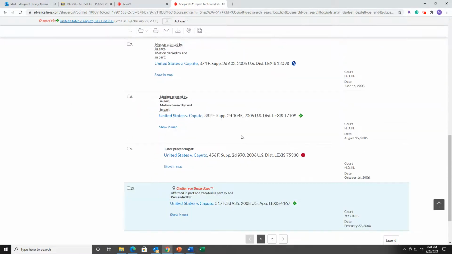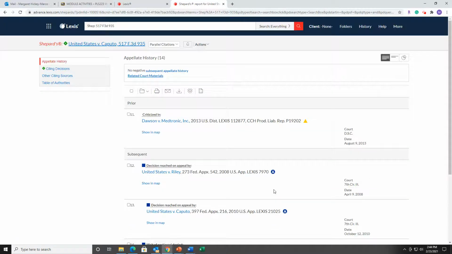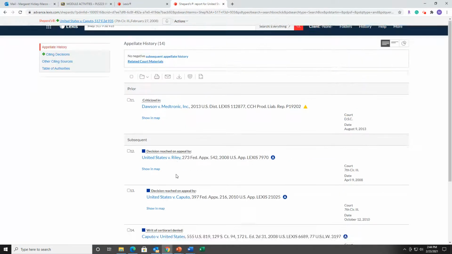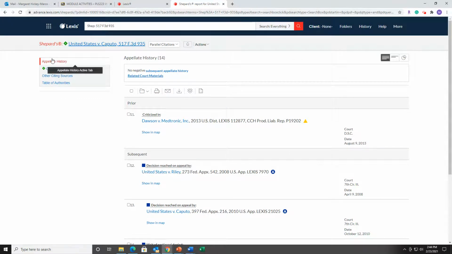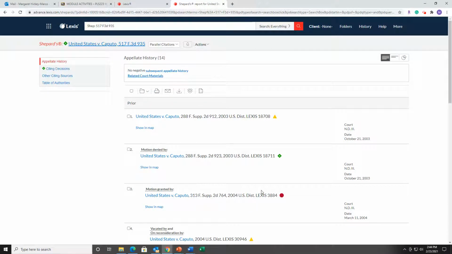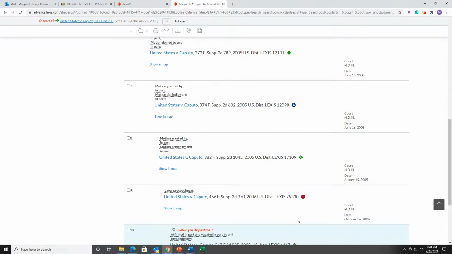A bunch of lower court decisions, and there's the one I Shepardized. And look, there's even another page. And these are subsequent ones, so things that happen. So cert was denied, so that is really our final decision. So we can look at this in a pretty map. Where does it say that? Did I get there?